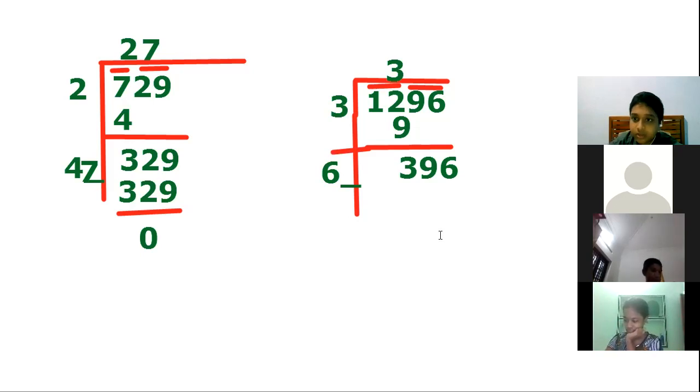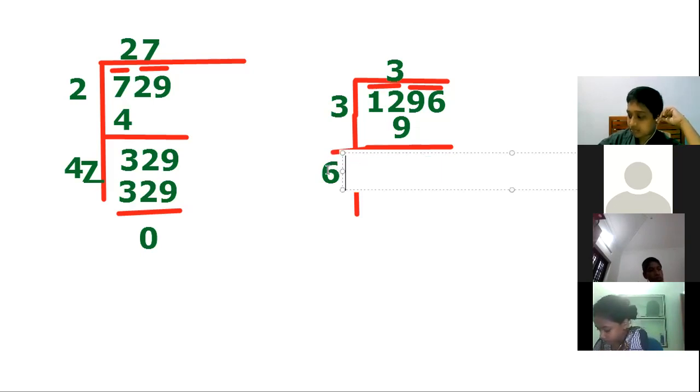How will you guess the number? You just multiply 62 into 2, 63 into 3, 64 into 4, 65 into 5, 66 into 6, 67 into 7, 68 into 8, 69 into 9. Which is the number there? 66 into 6. 66 into 6 is 396. So we can replace the blank with the number 6 here.